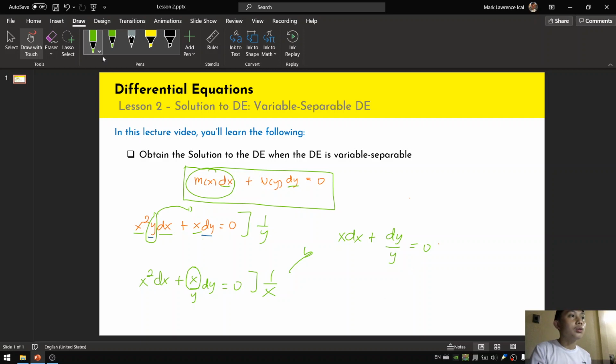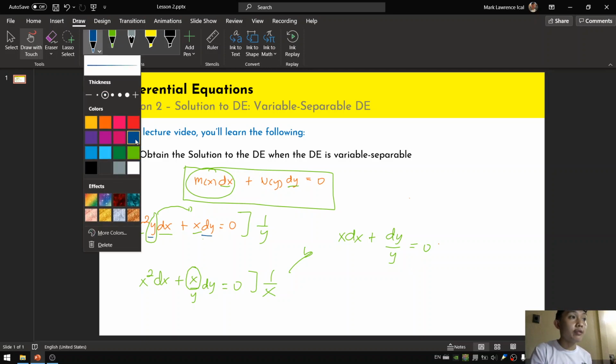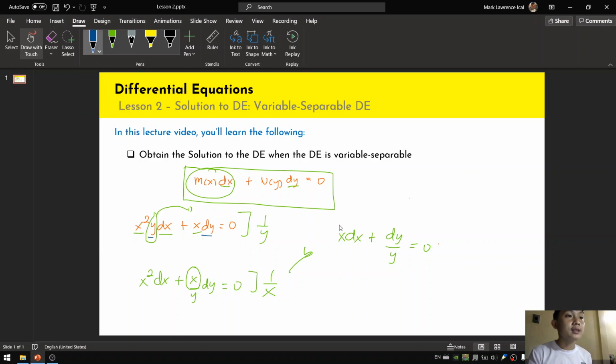Okay, so do we follow the format of the structure? Yes, so we already have M(x) here and we already have N(y) here. So we already follow the format. Now, that's actually the first step.